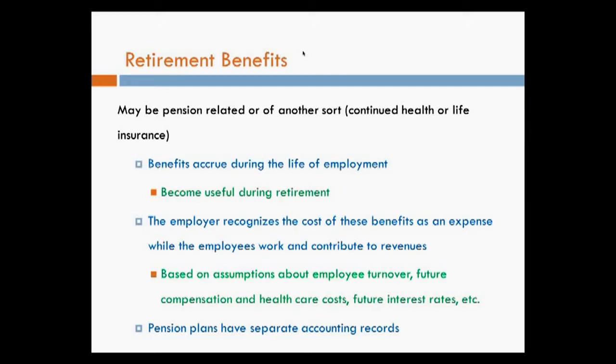You have assumptions on employee turnover, future compensation levels, what future health care costs might become, etc. So I'm not really sure how much they're going to cost overall at the end. Now, pension plans have their own books as well.